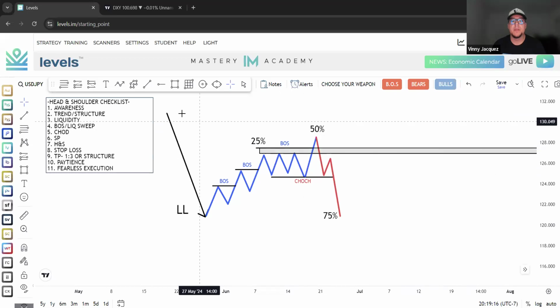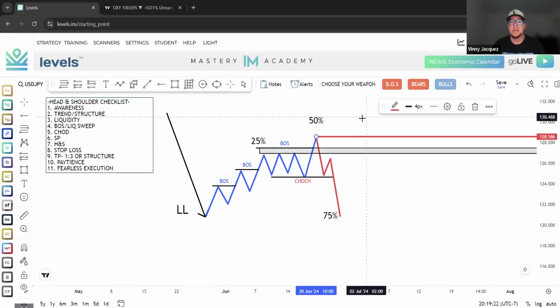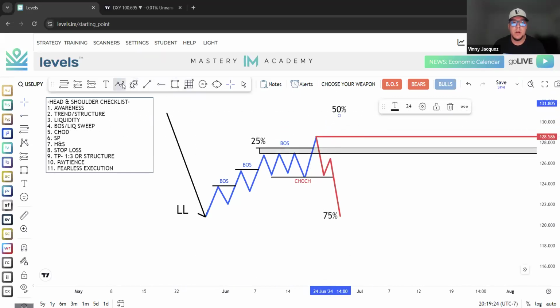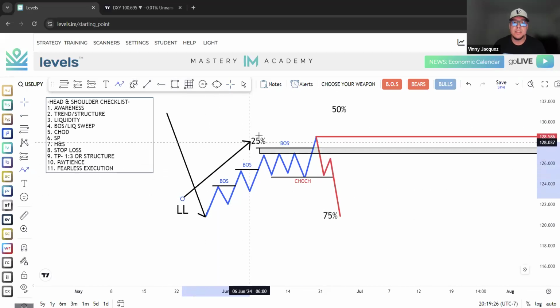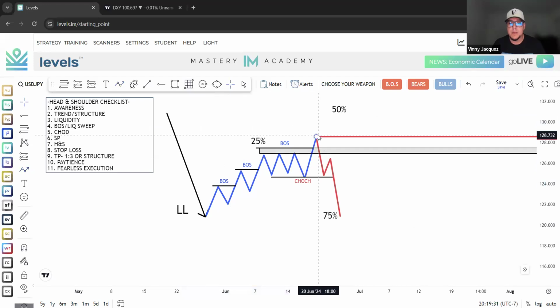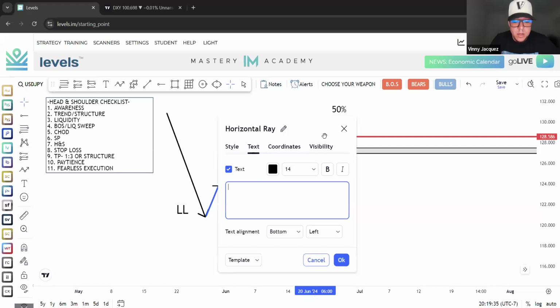Now, where is my head? My head is the 50% right here, the highest peak in this area, guys. Notice when the market is starting to go upward, this is the highest peak right here. So that is my head of the head and shoulder. That's my stop loss. So let's update this. This is the head slash stop loss.